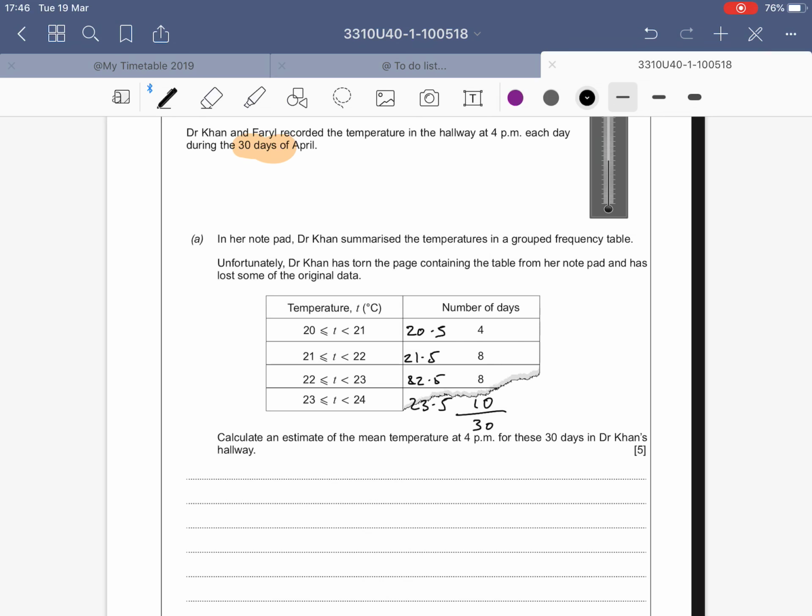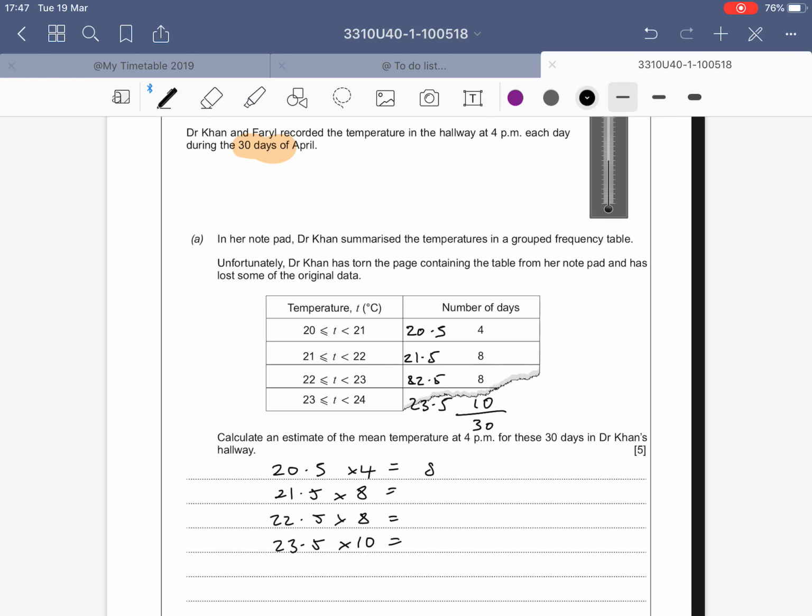To work out the mean, you need to do a multiplication of the midpoint and the frequency for each one of the categories. Once you've done each of those multiplications, you've got to find a grand total by adding up all of the answers that you're given.